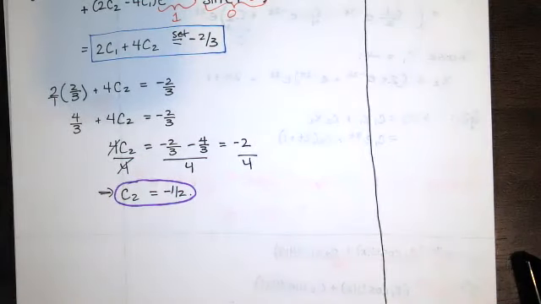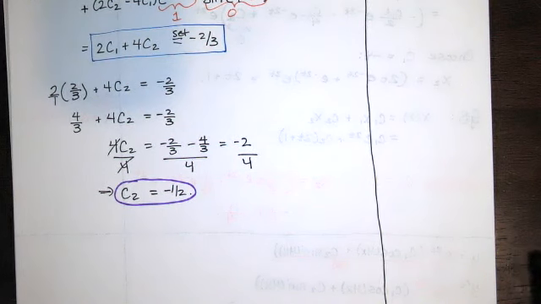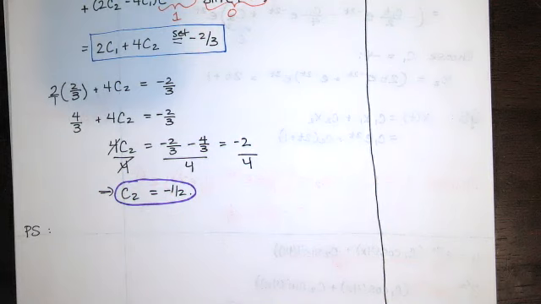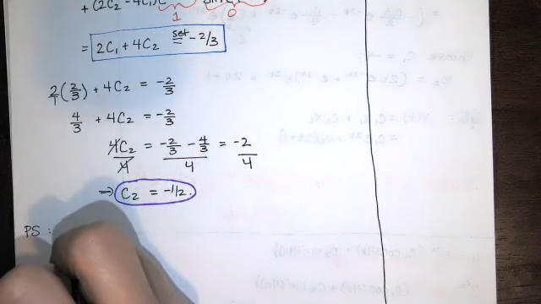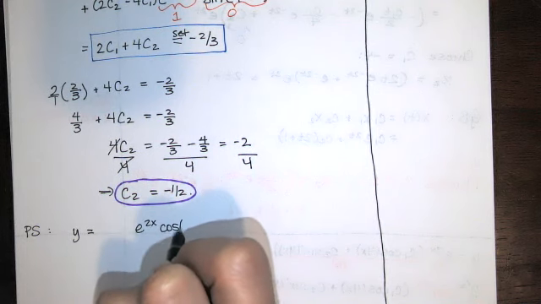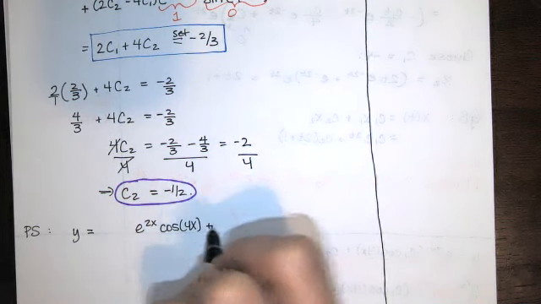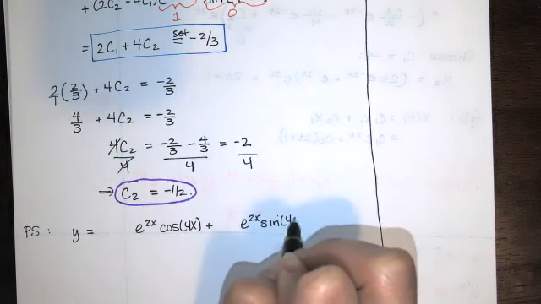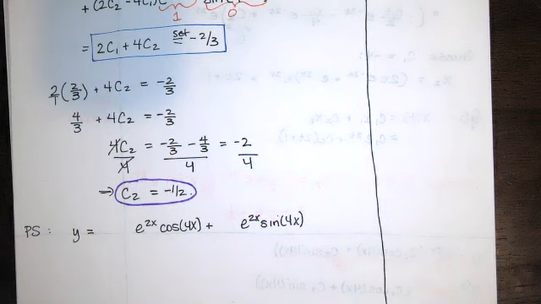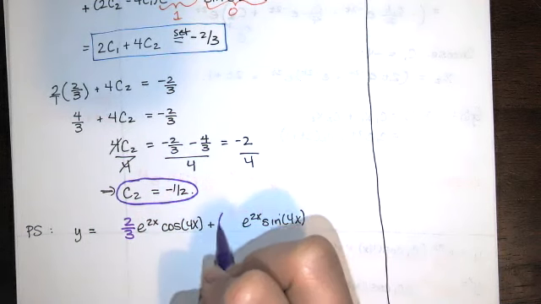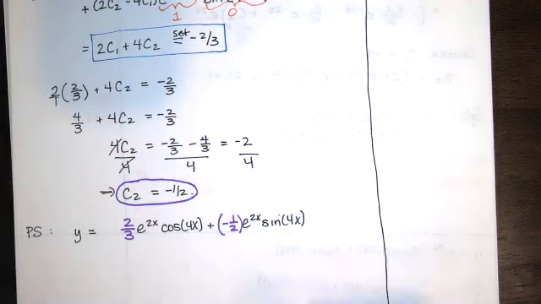So once you solve that system of two equations and two unknowns, you have to substitute into the general solution to get your particular solution. So remember, your general solution was y equals c1 e to the 2x times cosine of 4x plus c2 e to the 2x times sine of 4x. And c1 turned out to be 2/3 and c2 turned out to be -1/2.